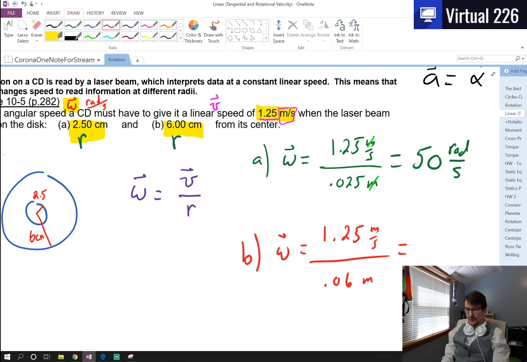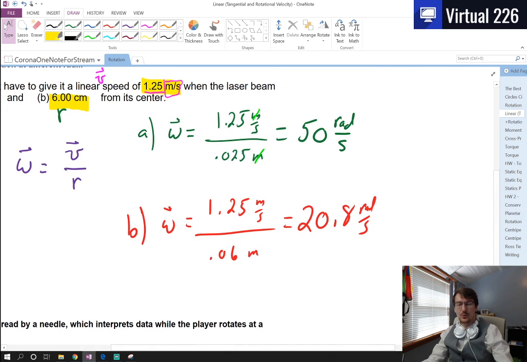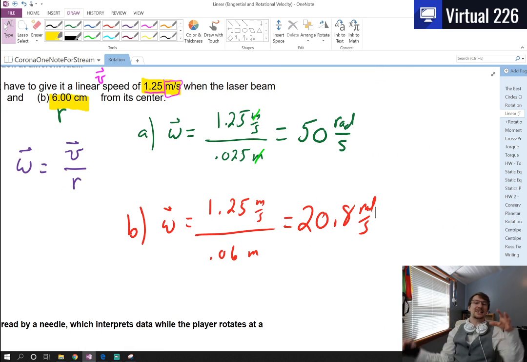If we do 1.25 divided by 0.06, we get 20.83 radians per second, which makes sense. As we moved outwards on the disk, we didn't have to rotate the entire disk as fast because that outer edge is always moving faster than an inner edge.